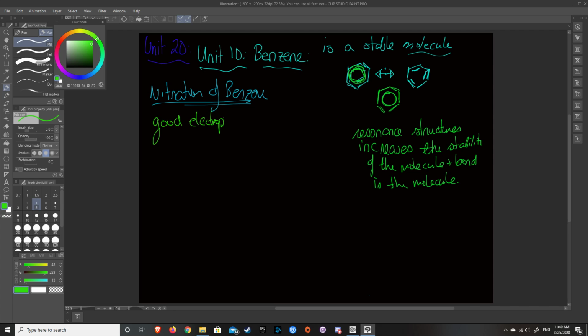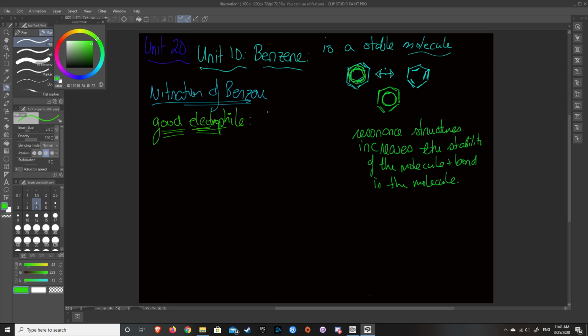But these are not easy to come by. We have to form these. We have to make them unhappy, because in solution, a good electrophile will find a way to take electrons from something else. So we need to force it. We need to do a reaction to make a good electrophile, to make something unhappy, to make it react.